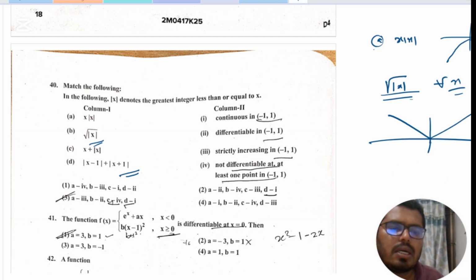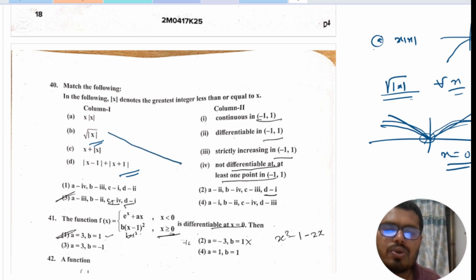Then if you take the root here, it looks like this. Okay, root function. Therefore at the point x equal to 0, this function is not differentiable. Therefore it goes to the fourth option, not differentiable at least at one point of minus 1 to 1.